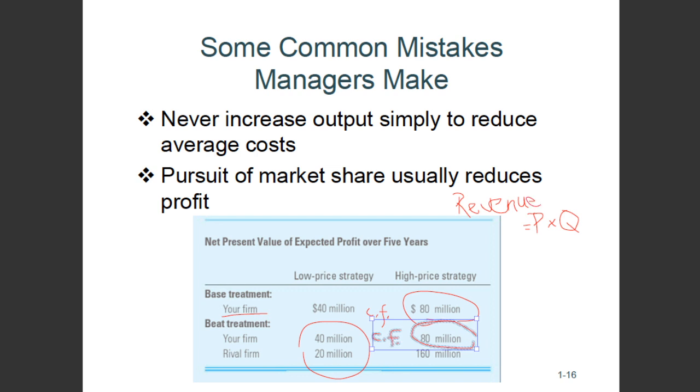If you increase your price, the quantity sold might go down, but depending on the demand curve, and we're going to talk about this, you might still do better. In this case, you could do better by not winning the market share. So you're going to lose quantity sold, but you're going to do better. You're going to make more. Okay?